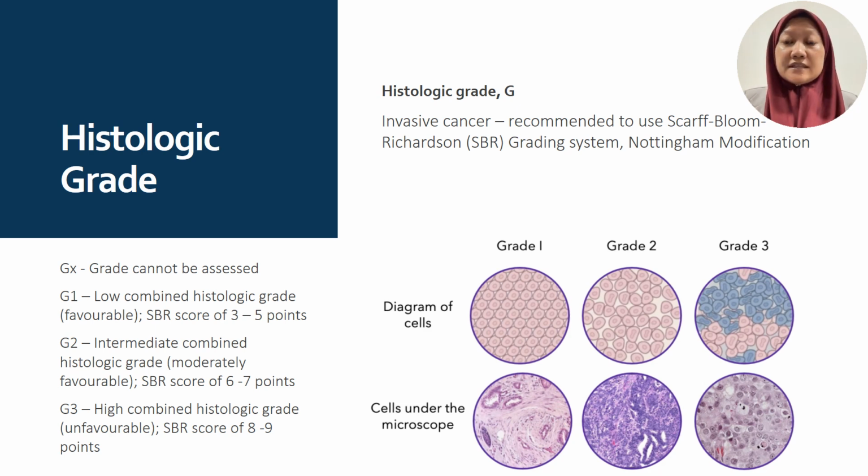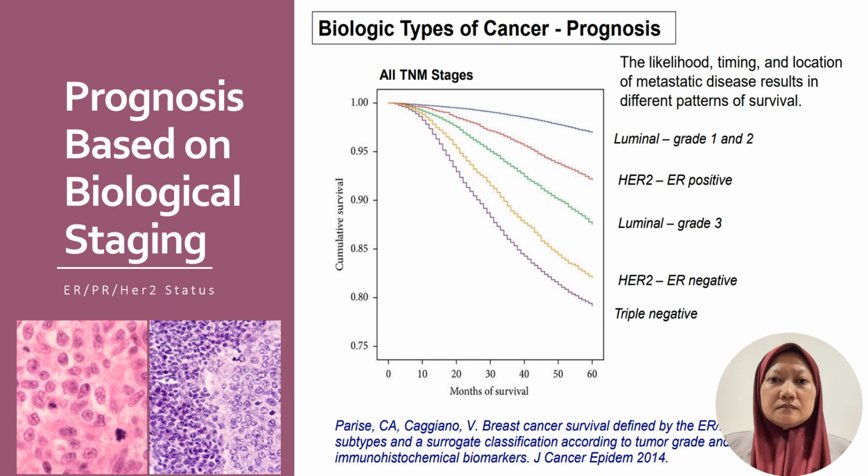Each of these factors contributes to the overall grade, which helps classify the tumor as grade 1 to grade 3. Do not confuse staging and grade. Understanding the histologic grade of invasive breast cancer is important for predicting prognosis and determining appropriate treatment strategies. Remember, the higher the grade, the poorer the prognosis of the patient.